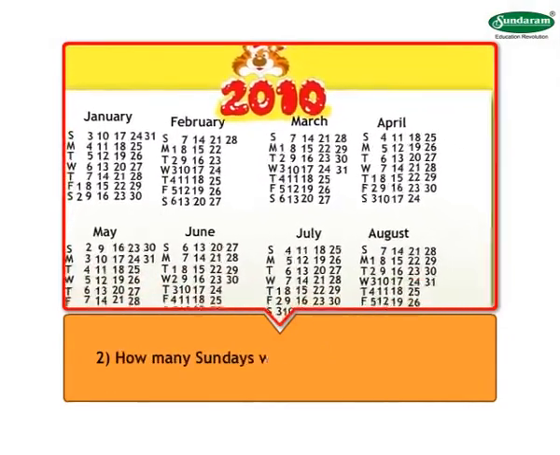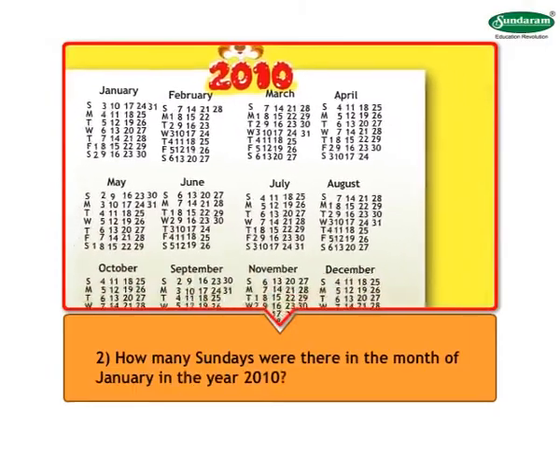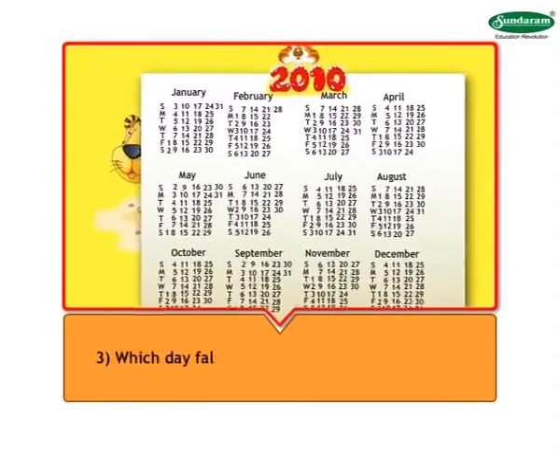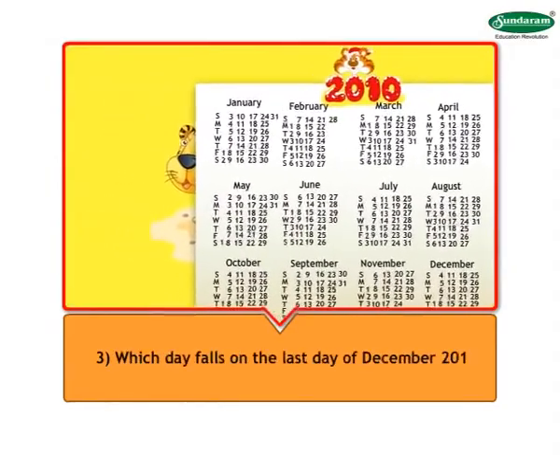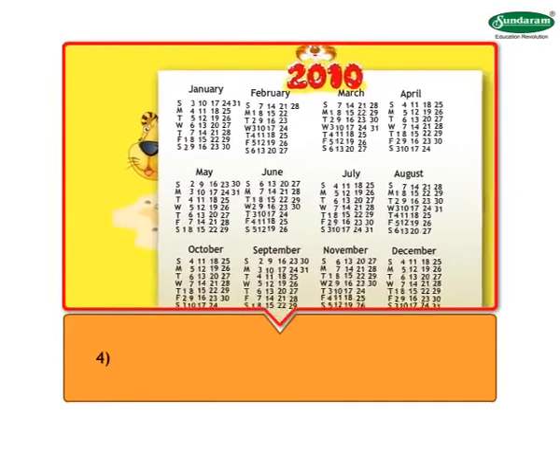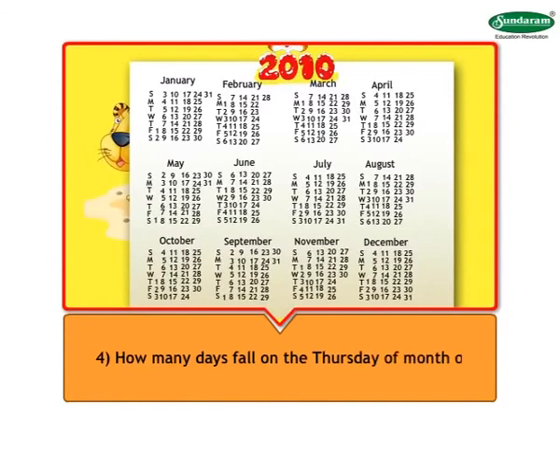How many Sundays were there in the month of January in the year 2010? 3. Which day falls on the last day of December 2010? 4. How many Thursdays fall in the month of April 2010? 5. What day is it on the 10th of September 2010?